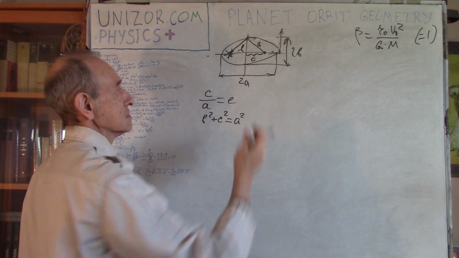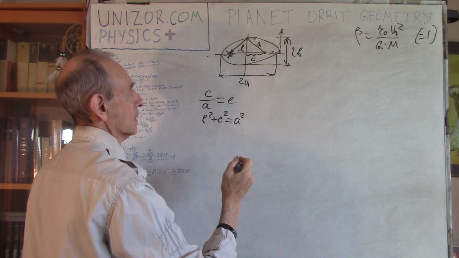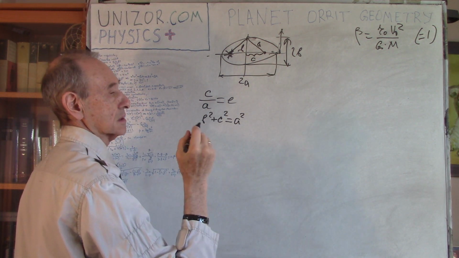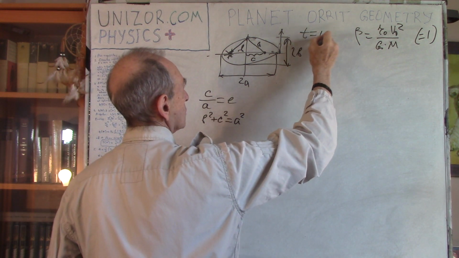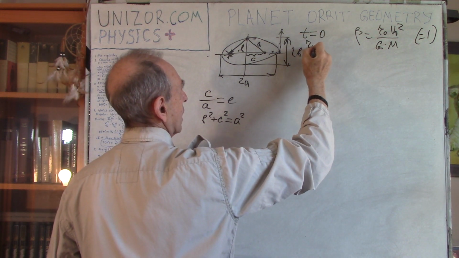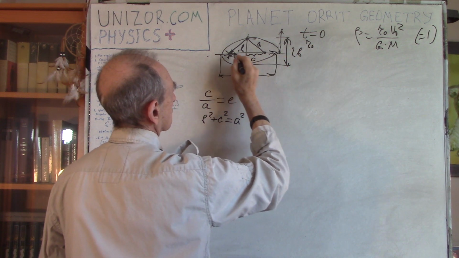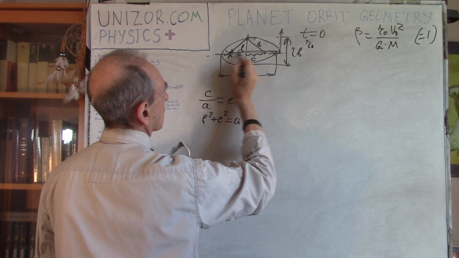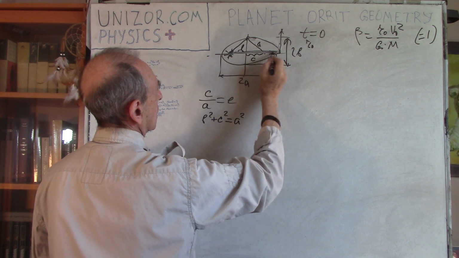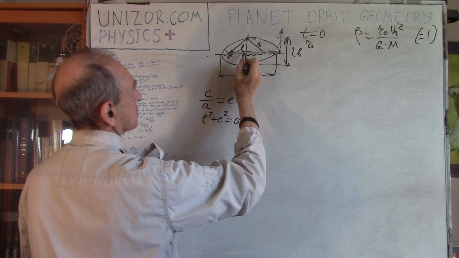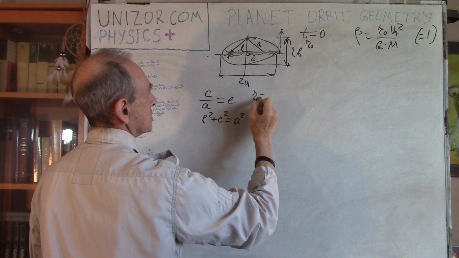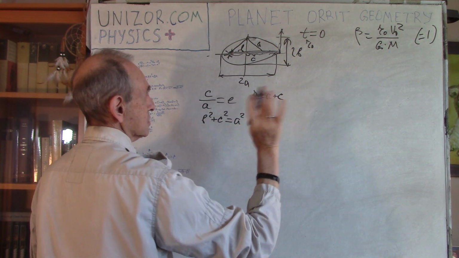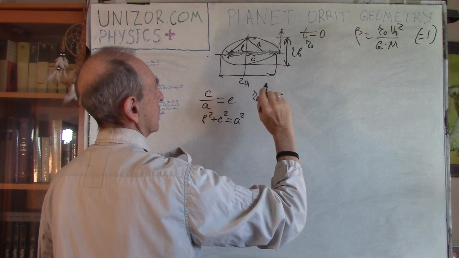So I have chosen this particular moment in time and place on the orbit. So it will be t equal to 0, and it will be r0, which is the distance from the sun, which, by the way, equals a plus c. So r0 is equal to a plus c, but just keep it in mind, doesn't really matter right now.